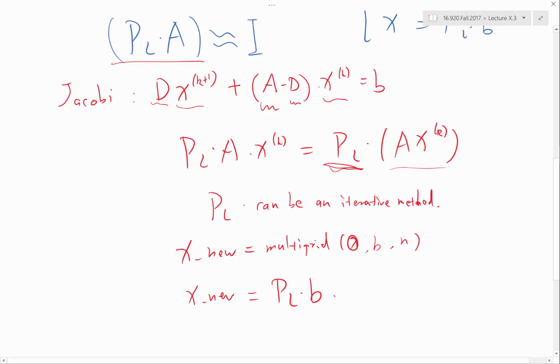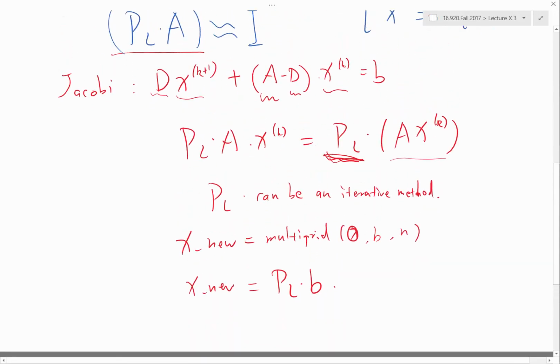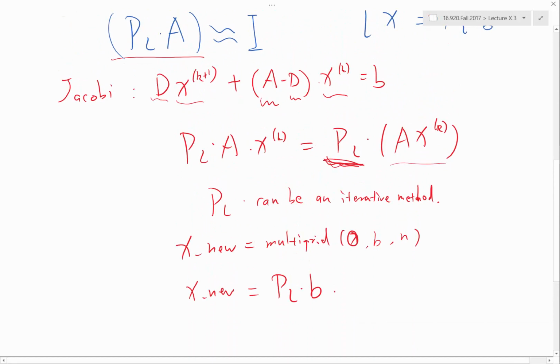Okay, so this is basically for every outer iteration, for example of Jacobi or GMRES, you have an inner iteration of applying this PL, which may be one multigrid cycle. So if you use a preconditioner, you maybe have an outer loop.